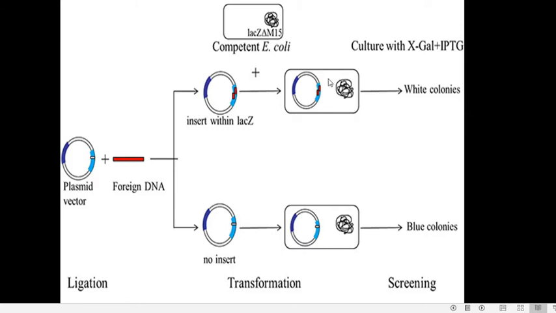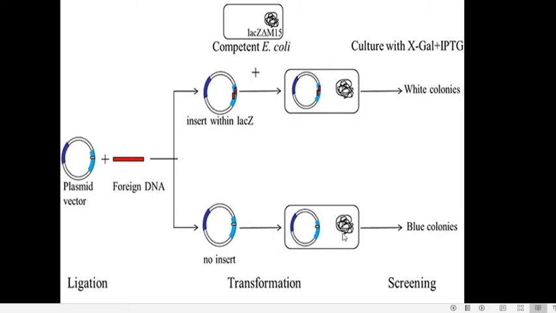The alpha peptide cannot be produced because it is inactivated by the insertion of the foreign gene. So what we want is a recombinant cell, and this recombinant cell will not have functional beta galactosidase, whereas a non-recombinant cell which is transformed with the pUC19 vector will have intact or functional beta galactosidase enzyme.